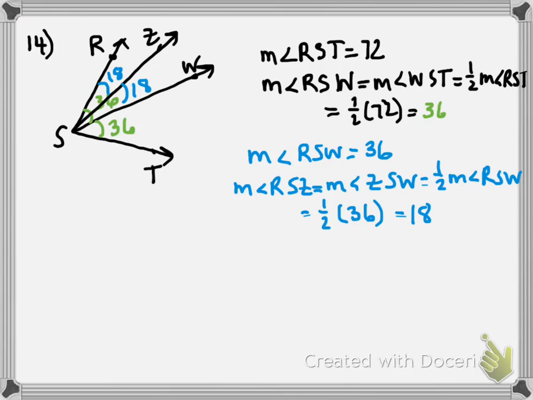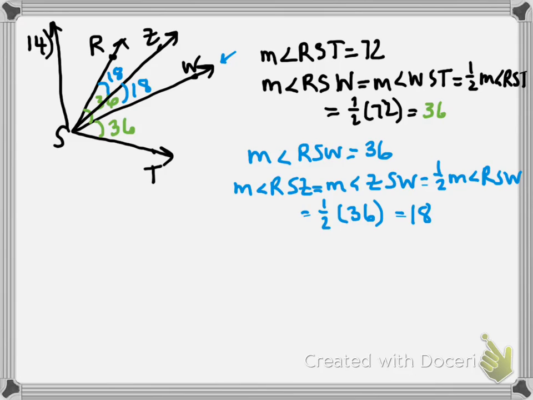And then they talk about SR, which is the top ray of our original angle, being the bisector of angle NSW. Well, I see the SW over here, and so I don't have the N, so I'm going to have to create a ray SN, remembering that ray SR is its bisector.